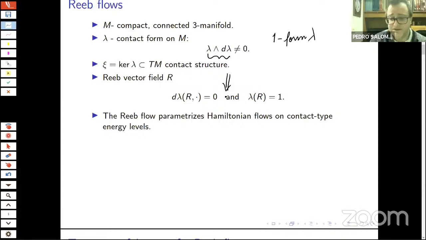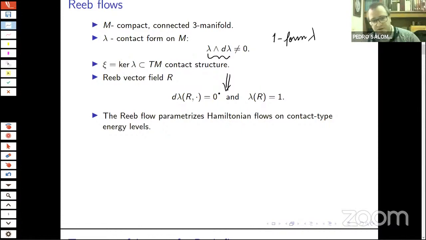For the case that I mentioned before, the associated contact form produces a vector field that's parallel to the Hamiltonian vector field. So the dynamics is the same. It's just a reparametrization in time.